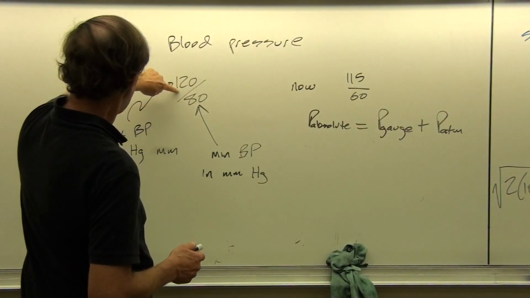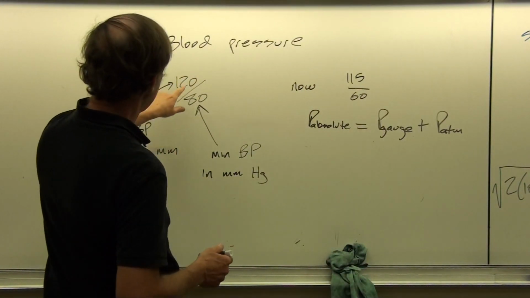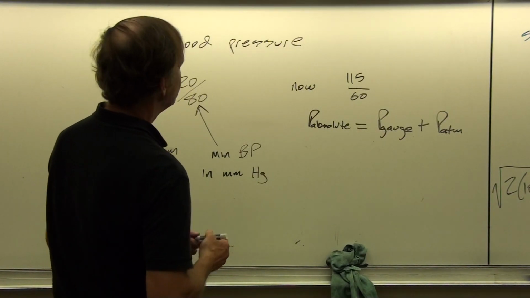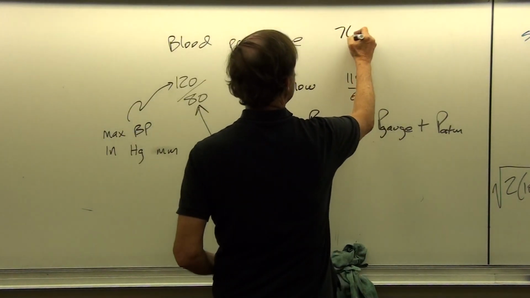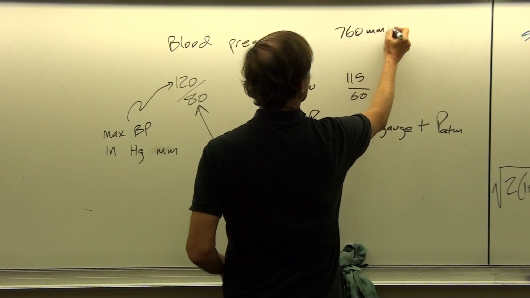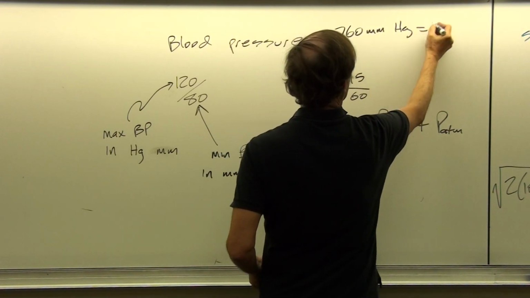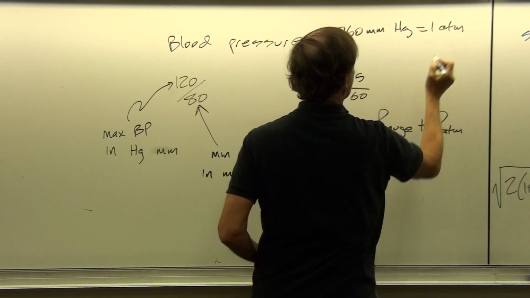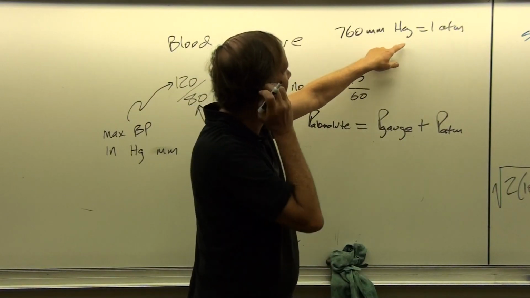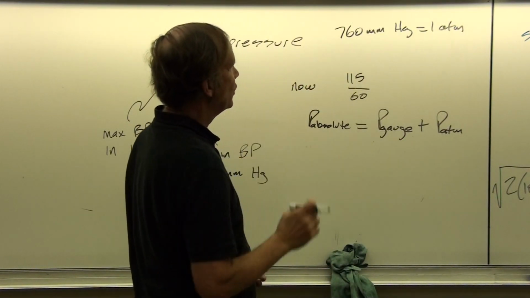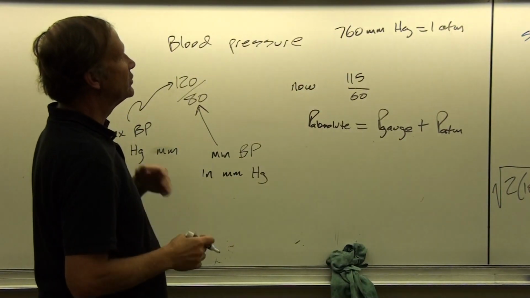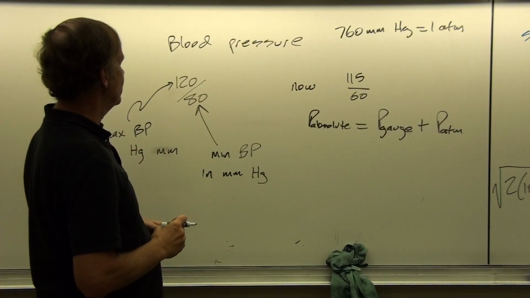And so here then we're talking about a gauge pressure of 120. Remember that 760 millimeters of mercury equals 1 atmosphere. That's the height of a mercury barometer when it's measuring exactly 1 atmosphere's pressure.